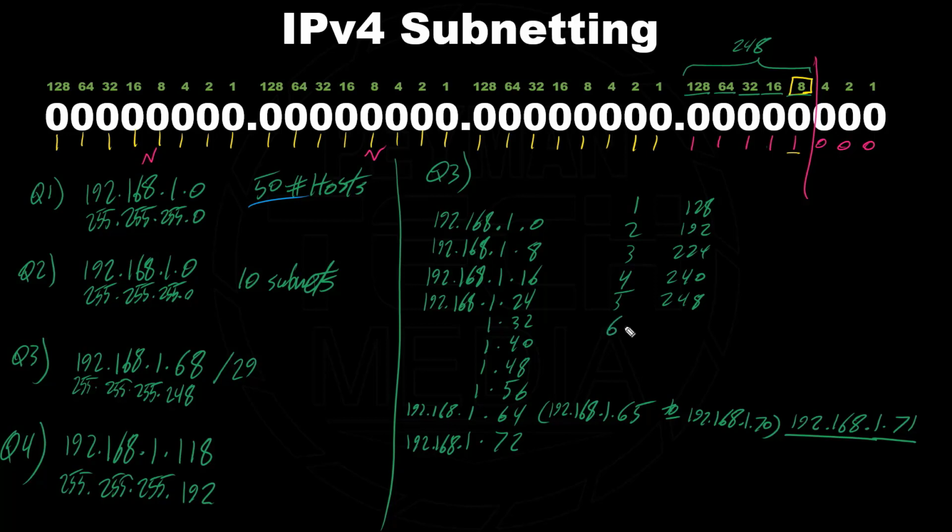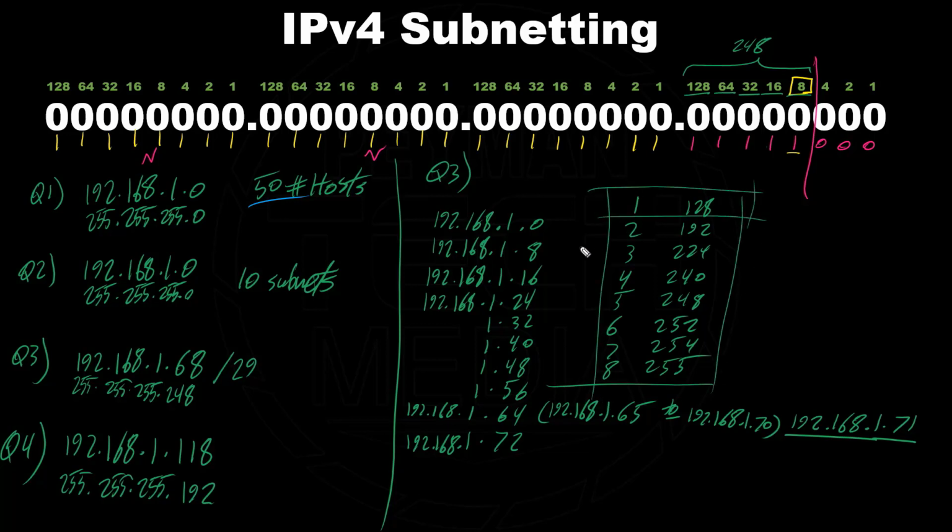If 6 bits borrowed, it is 252. If 7 bits borrowed, 254. And 8 bits borrowed, 255. This is also a table. It's a good idea to memorize this. So anytime 1 bit is borrowed, or let's say 2 bits borrowed, what would be the actual decimal value?